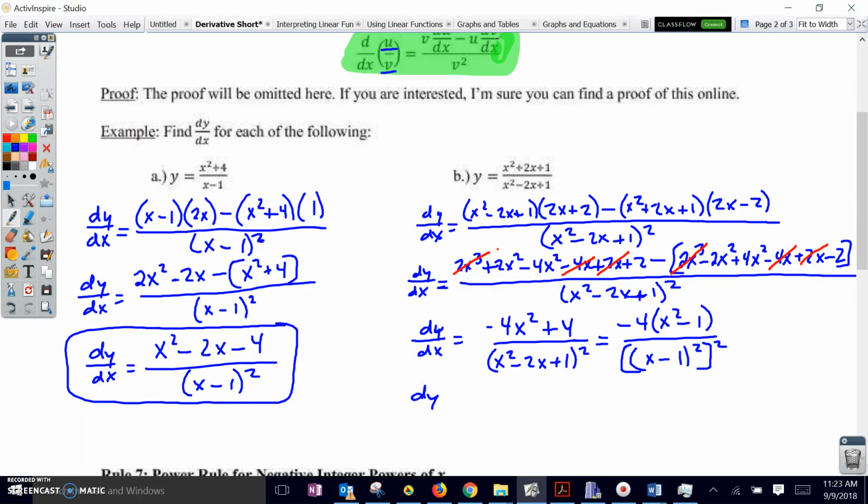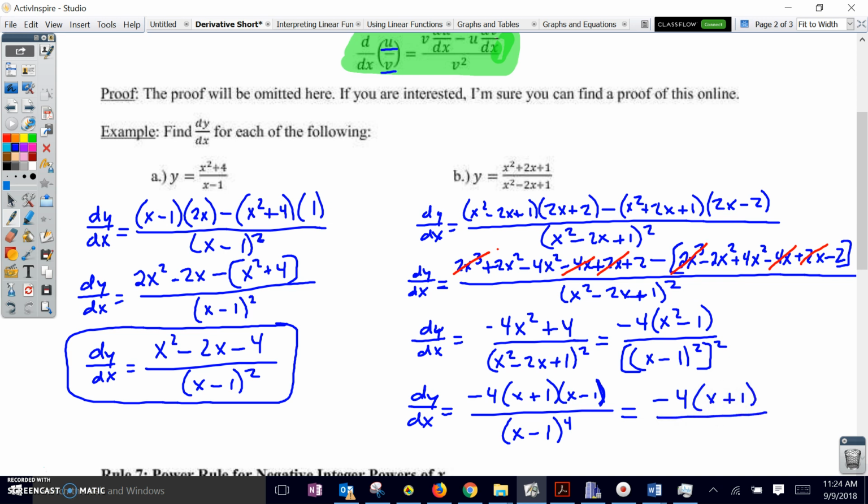And further, I recognize that I can factor x squared minus 1 in the numerator as x plus 1 times x minus 1. And down in the denominator I have x minus 1 to the 4th. And now I can cancel an x minus 1 from both numerator and denominator, and I end up with my derivative being negative 4 times the quantity x plus 1 all over the quantity x minus 1 to the 3rd power. And there's my derivative.